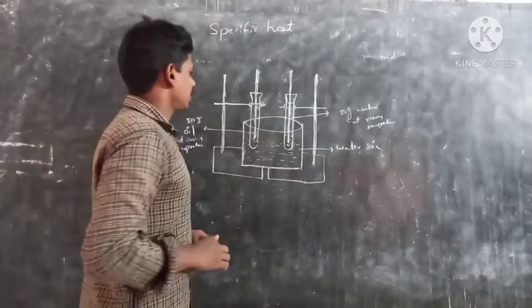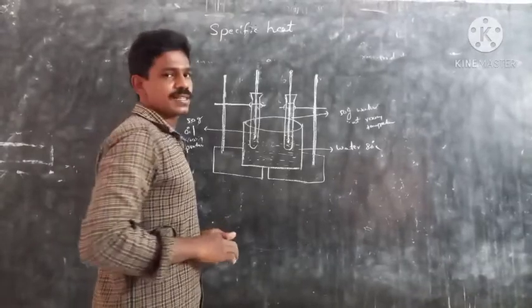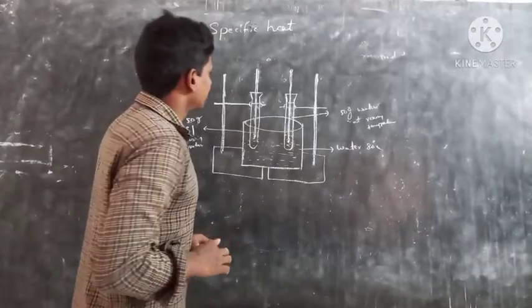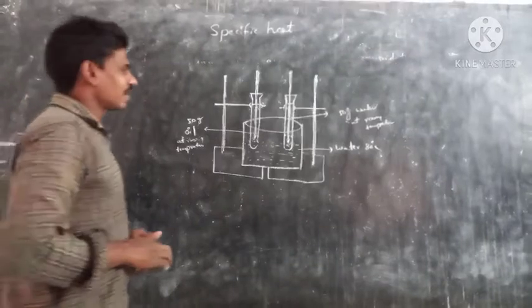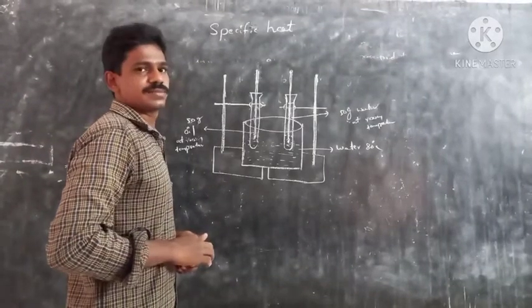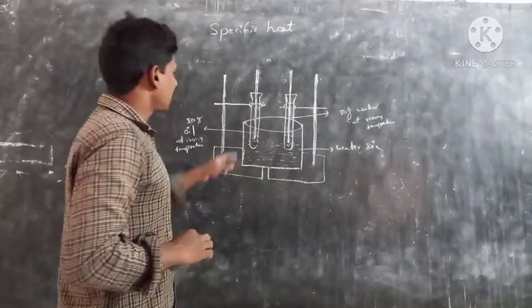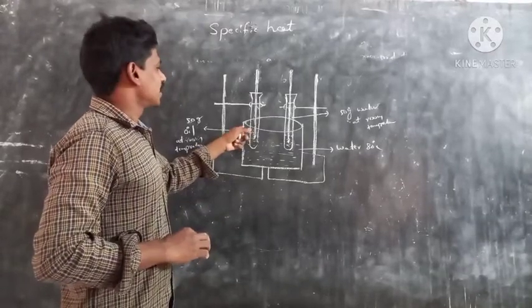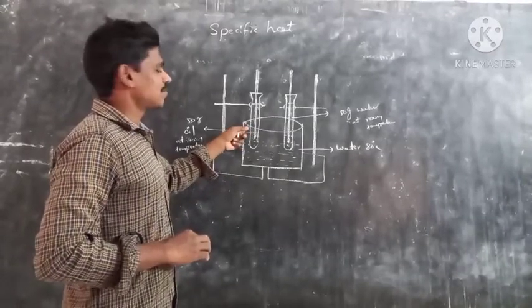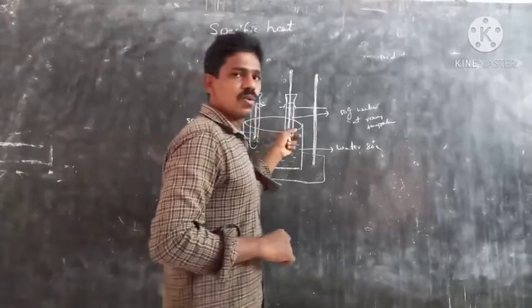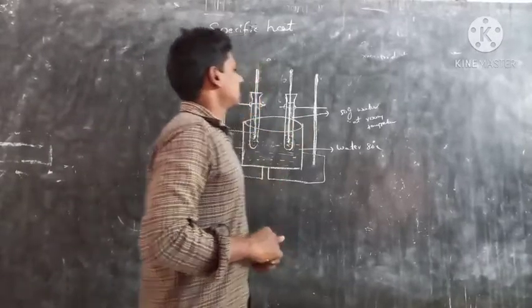So we deliver the same heat energy, but the rise in temperature is different in both test tubes. The oil-containing test tube has a higher rise in temperature when compared to the water-containing test tube.